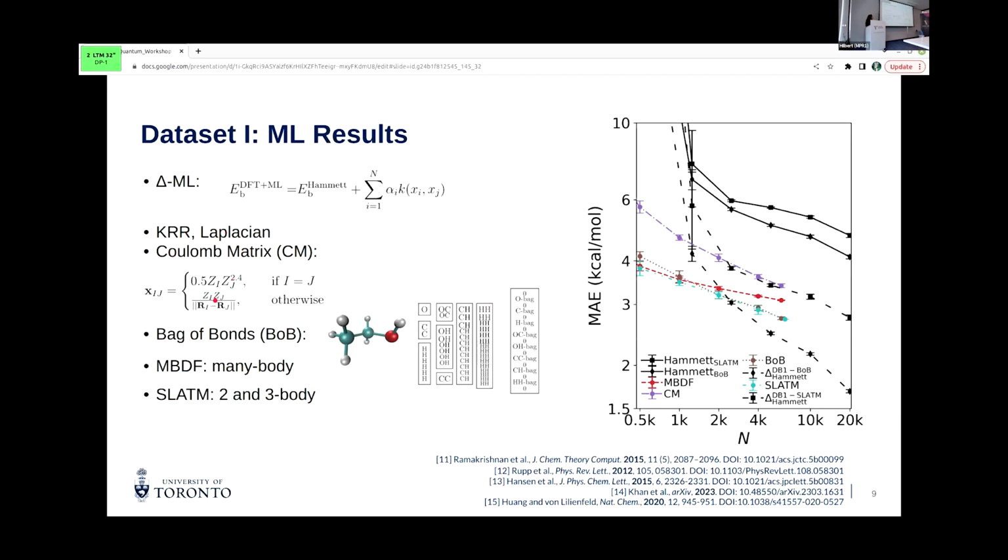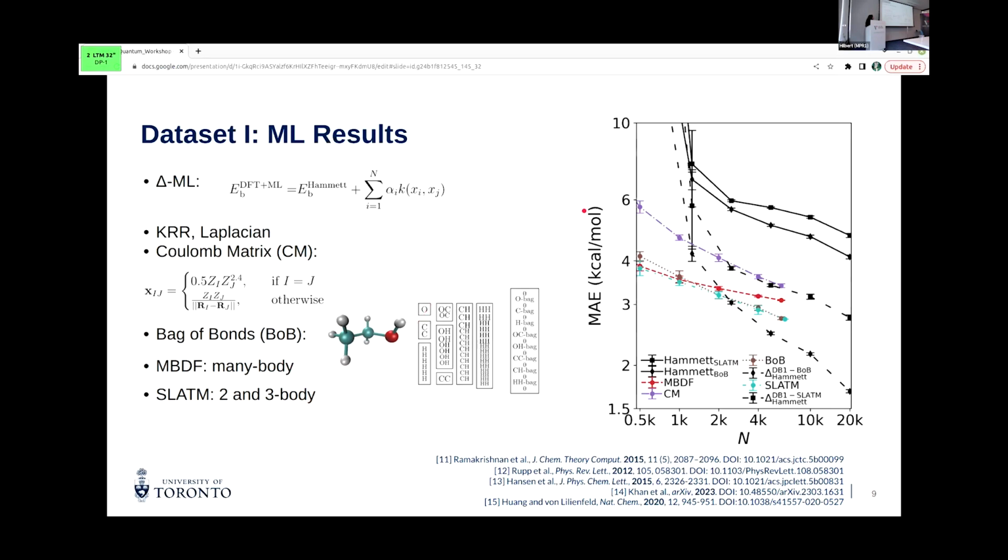So that's one way of representing a molecule. Another way is bag of bonds, which works by binning all the types of bonds in a molecule. The third one is MBDF, which uses many-body distribution functionals. And the fourth one is SLATM, which uses 2 and 3 body terms. The two body term is the London potential, and the 3 body term is the Axilrod-Teller-Muto potential.